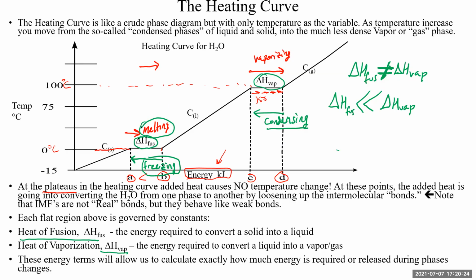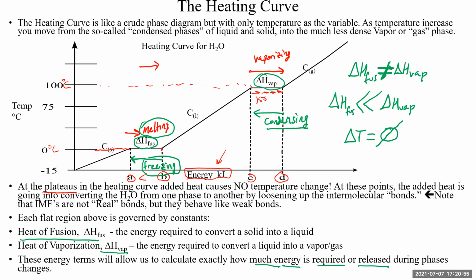These energy terms allow us to calculate exactly how much energy is required, meaning absorbed or released, during phase changes. So there are only 2 points. There's either melting or freezing, that's 1 point, or vaporizing or condensing. Only 2 different points, only 2 different plateaus. And it's important to understand that the delta T, the change in temperature at those points, is 0.